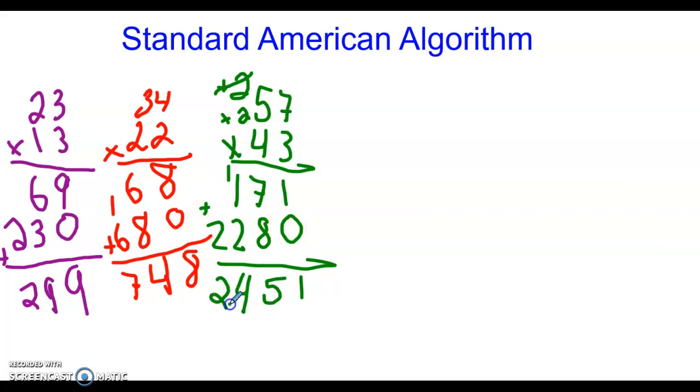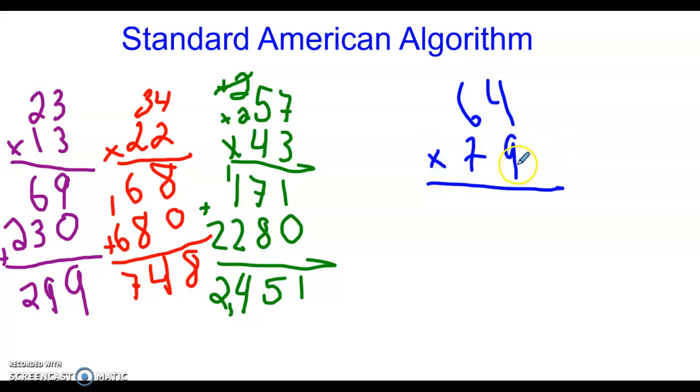So 57 times 43 is 2,451. Woo! And our last one is going to be our hardest one. Let's do 64 times 79. It might also be our largest product.